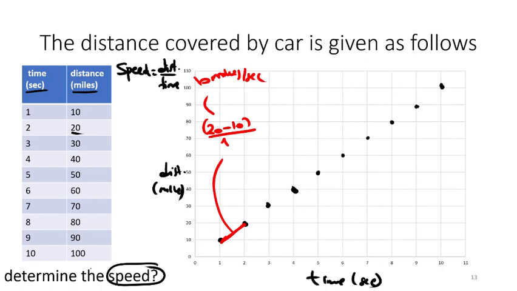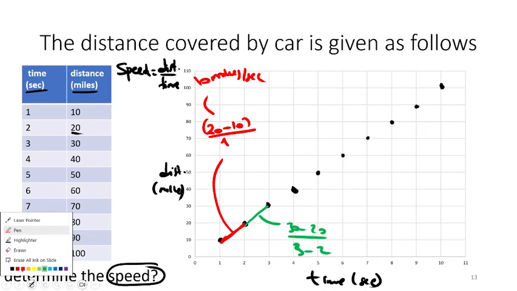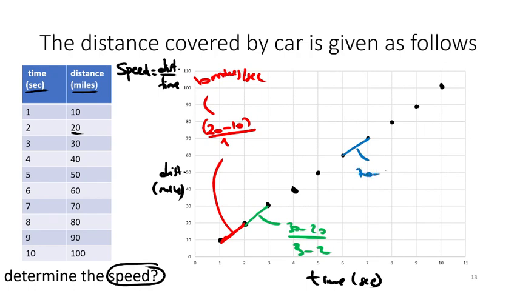If you do the same calculation for the next section, it will be 30 minus 20 divided by 3 minus 2. You can do the same for all the sections. I will just show, for example, here, 70 minus 60 divided by 7 minus 6. So this is how we calculate the velocity for each section.